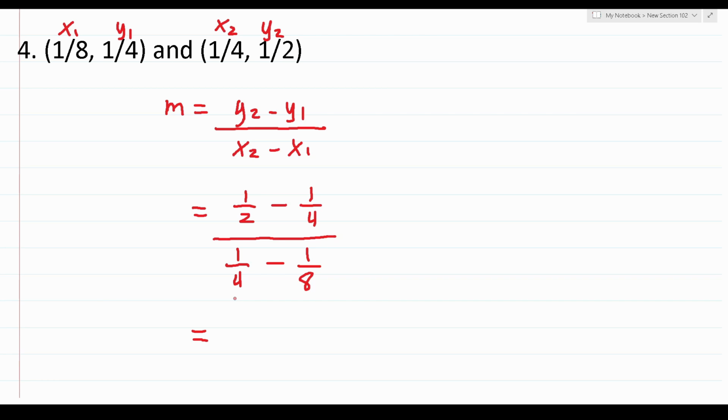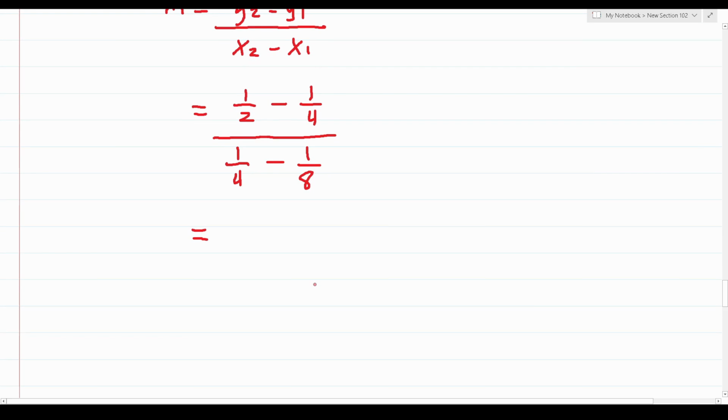In this case, we have denominators of 2 and 4, which aren't the same. And in this case, we have denominators of 4 and 8, which aren't the same. So our strategy here is to either rewrite one or both of the fractions such that they have the same or common denominator. Let's get started by working with the numerator.